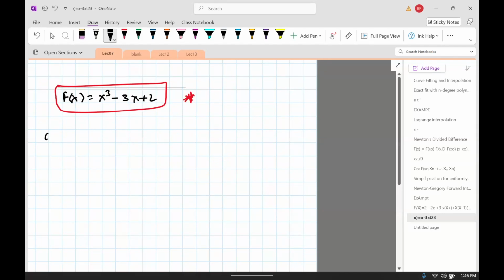So the final step, part C, is to figure out the value of f of x at x equals 0.5. So f at 0.5, since you got the same value, it just doesn't matter which one you use. So it'd be 0.5 cubed minus 3 times 0.5 plus 2, which is 0.625.